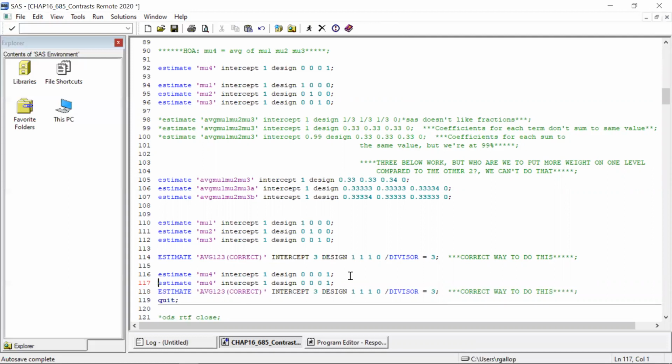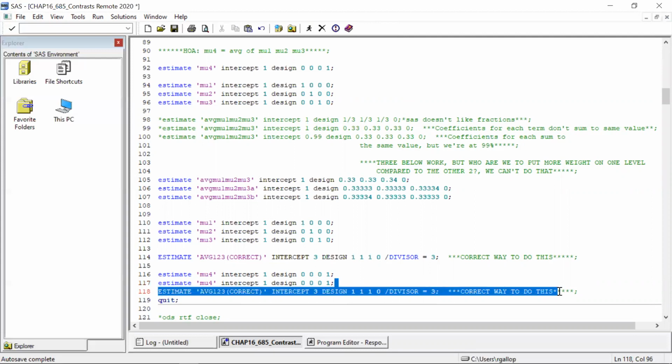Well, if we want to subtract line 117 from line 118, we can't, because one has a divisor equal to 3. So to subtract 117 from 118, we need a common denominator. The divisor is our denominator.